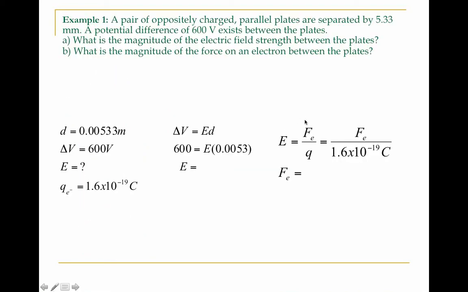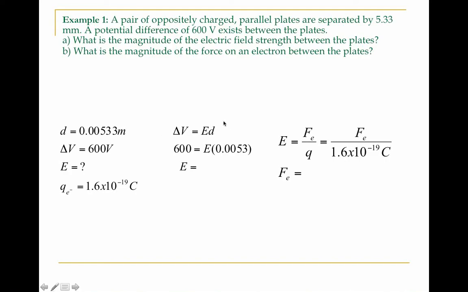If we take a very quick example, which we've done in class: if I take two opposite plates, and now remember, they're separated by a gap of 5.33 millimeters, and a potential difference of 600 volts exists between the plates. He wants to know, find the magnitude of the electric field.